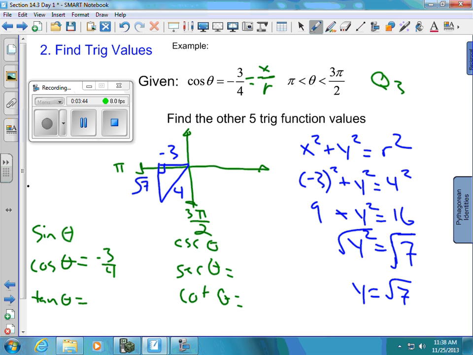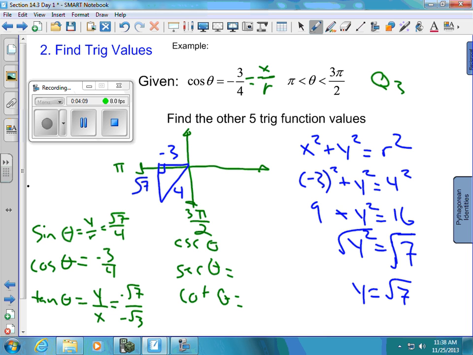So we know that sine is defined by y over r. Y is the square root of 7, r is 4. We know that tangent is defined by y over x, which is negative square root of 7 over negative 3.